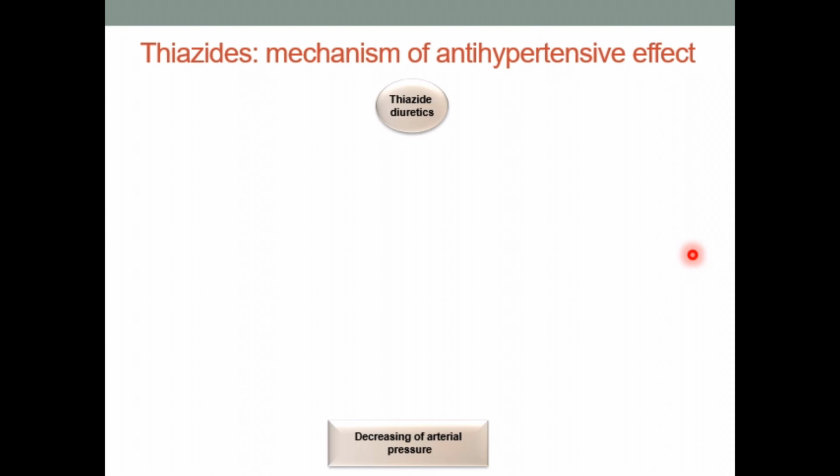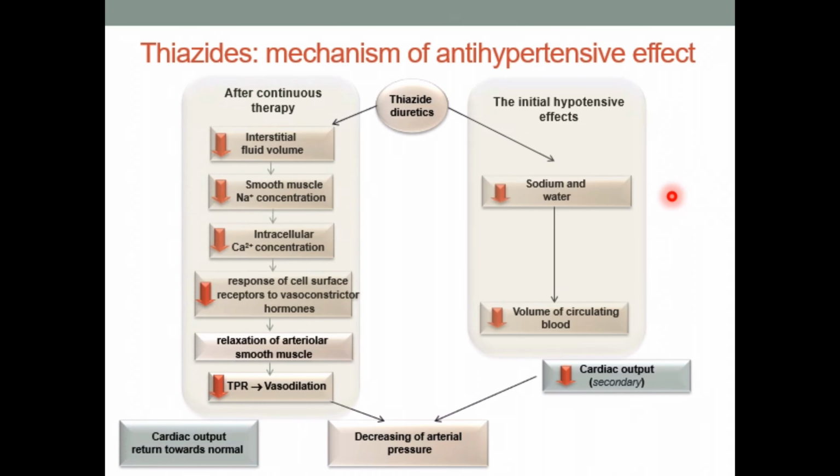This is a picture of the tablet of hydrochlorothiazide. So the mechanism of action of thiazide diuretics, initially, just like the other diuretics, is that it acts on the distal convoluted tubule of the kidney. It blocks a certain transporter, and therefore sodium is not reabsorbed. The sodium is now excreted rather than being reabsorbed into the circulation.